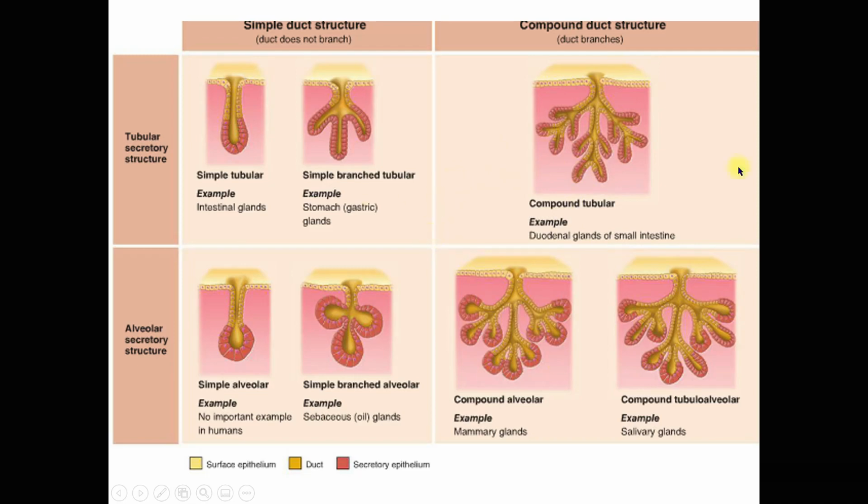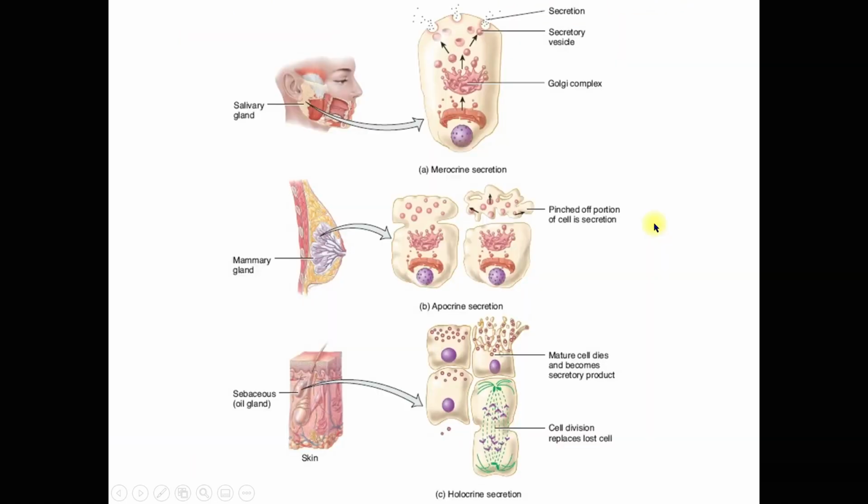For STPM candidates, this is not in your syllabus, just for you to know how an exocrine gland can exist with a simple duct structure, and how it can exist with a compound duct structure. This is another example of how an exocrine gland secretes its content, for example hormone, or milk here, and another example is enzyme like here.